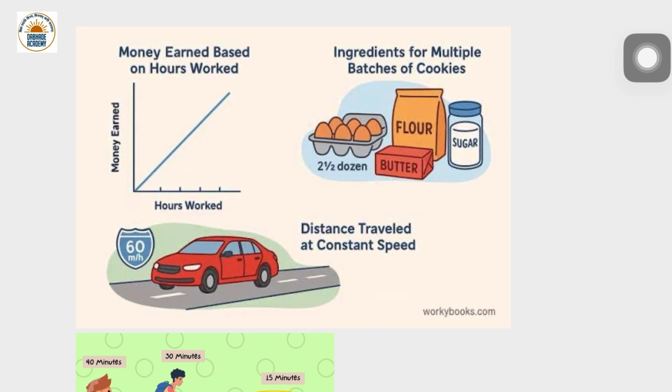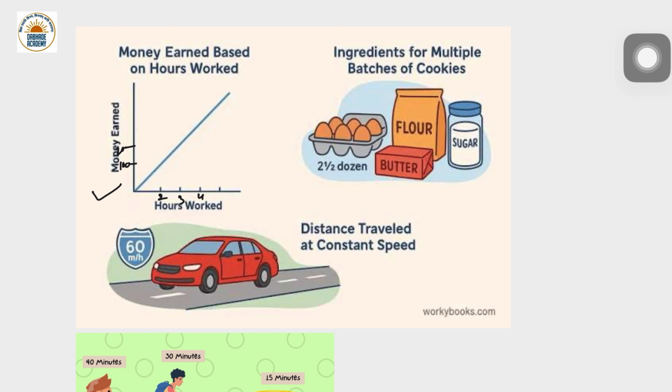Here, this is the graph in which a person works for 2 hours and earns around 100 rupees. Here he is working for 3 hours and earning around 200 rupees.